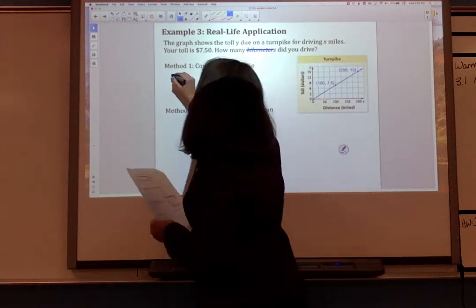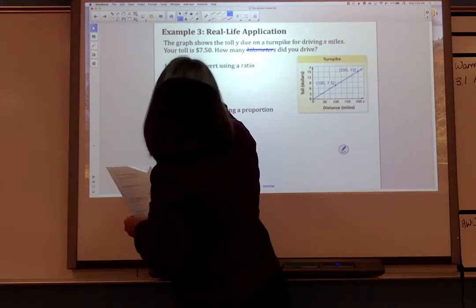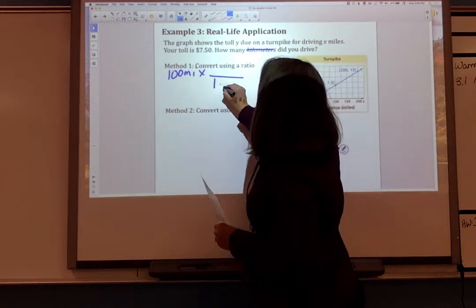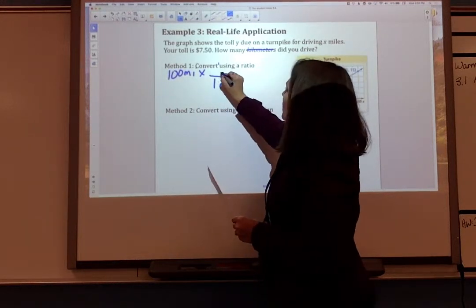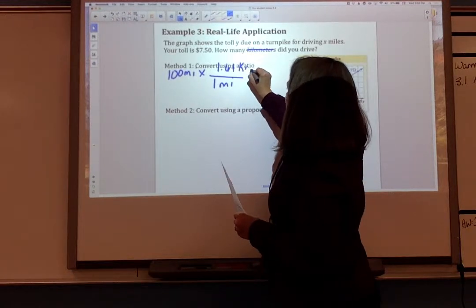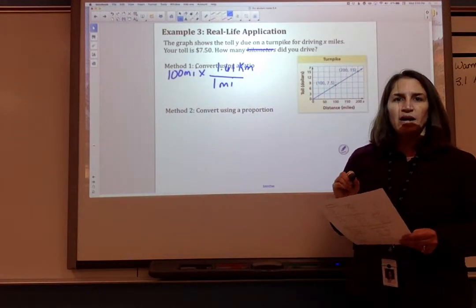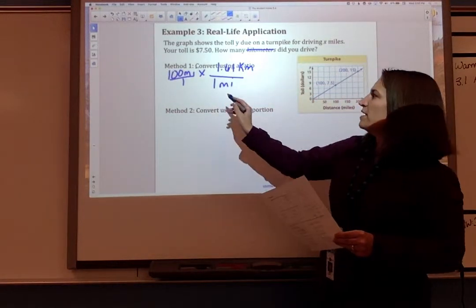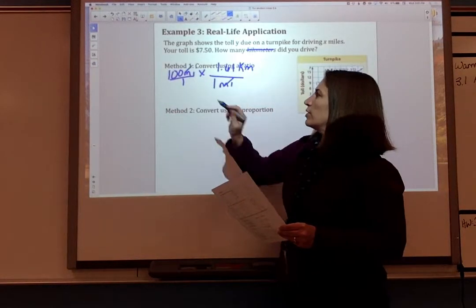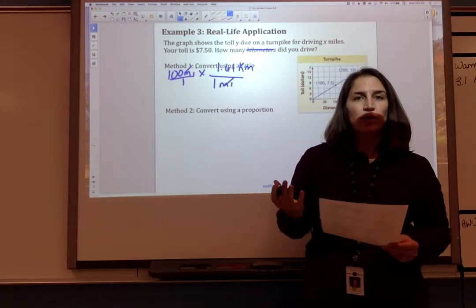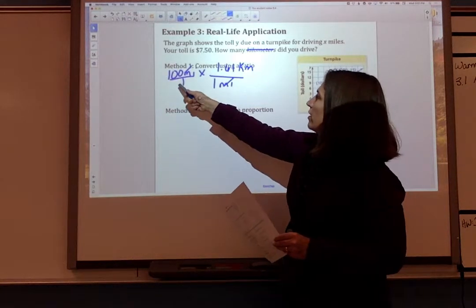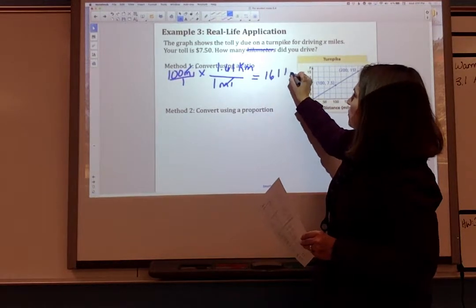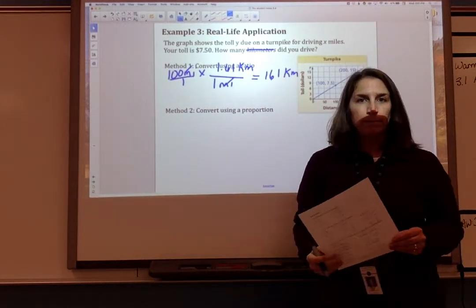So here we have 100 miles, and we're going to use the ratio of 1 mile is equal to 1.61 kilometers. Now, when we multiply, this is 100 miles over 1, right? So our miles will cancel out, and our unit is going to be kilometers. And it'll be 100 times 1.61, which is 161 kilometers.